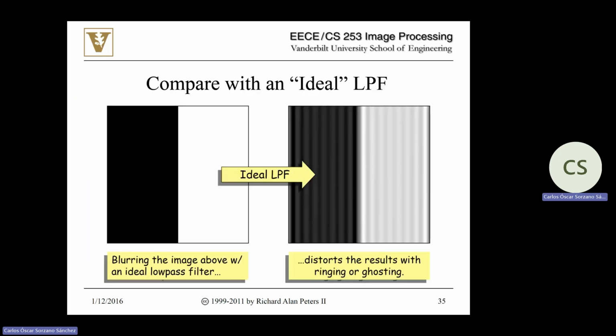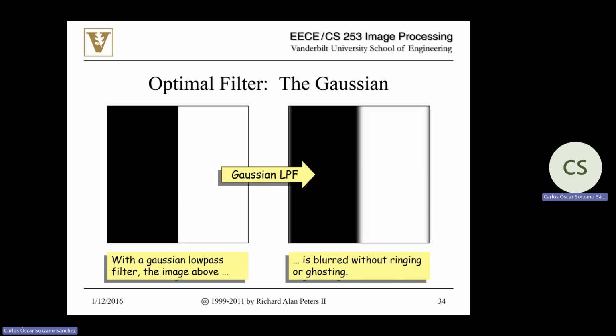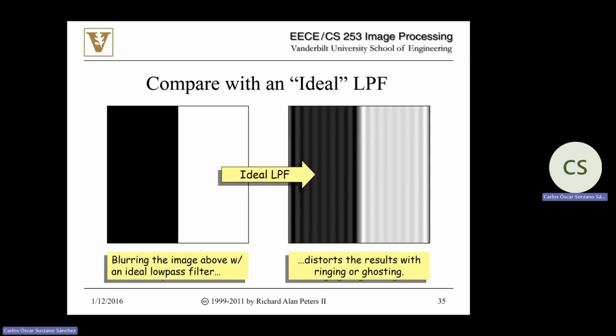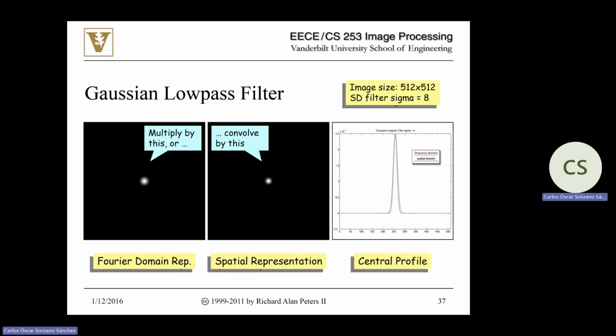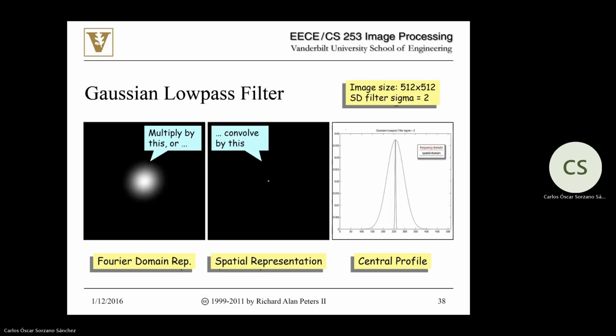Okay, and we can compare with the ideal low-pass filter. This was the Gaussian low-pass filter, and this is with the ideal. So we have removed the fringes. And then we may study a little bit more the Gaussian low-pass filter. We have a Gaussian in Fourier space, and we will have a Gaussian in real space. Here we have the two Gaussians representing that.